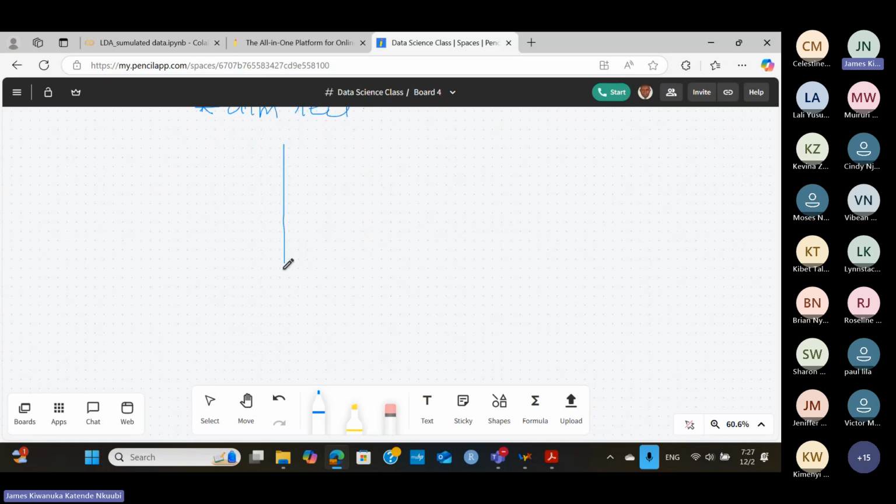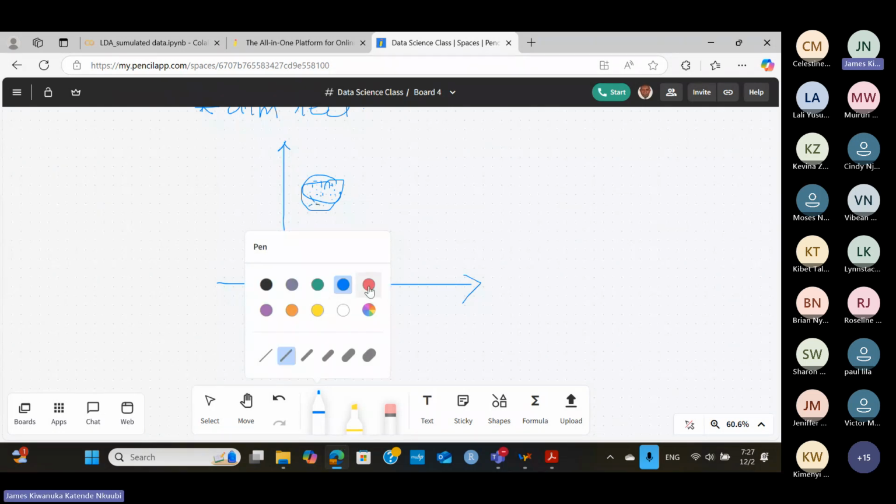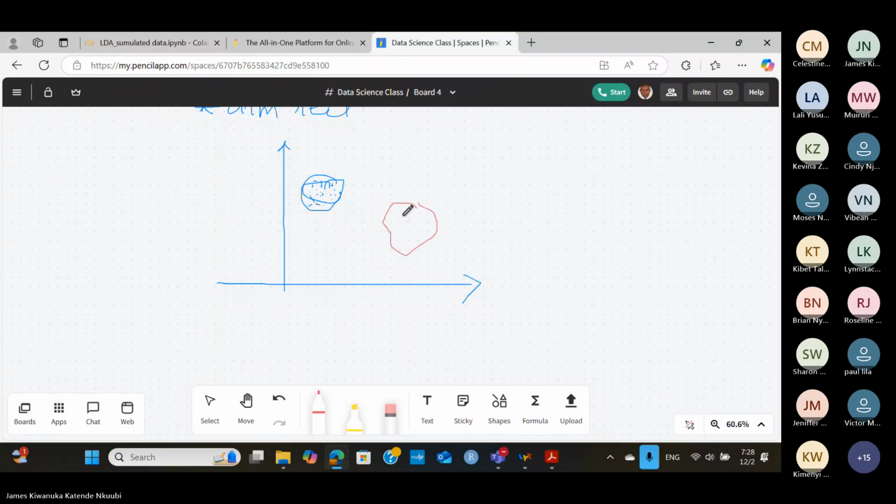So how does it work? We'll look at maybe the simplest case, where you have only 2 dimensions initially. This can be more than 2, but for simplicity, we can work with 2 dimensions. Suppose I have some data points here. Let me just put a circle here to cover these data points, since drawing the dots takes long. Now there's another cloud of data points here.